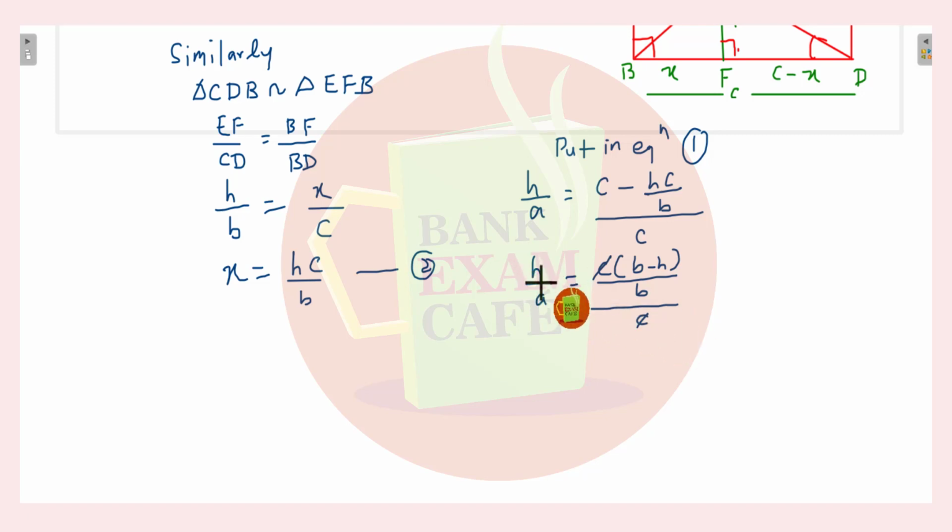Then cross multiply, this will be BH, which is equal to multiply by A to this side. So it will be AB minus AH. Take AH to this side, so it will be BH minus AH.